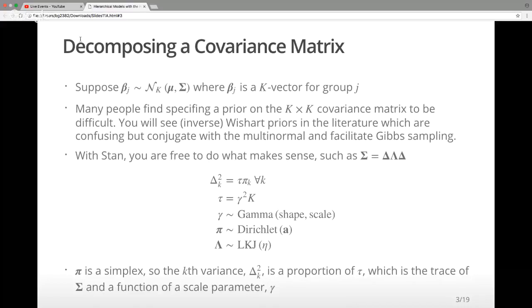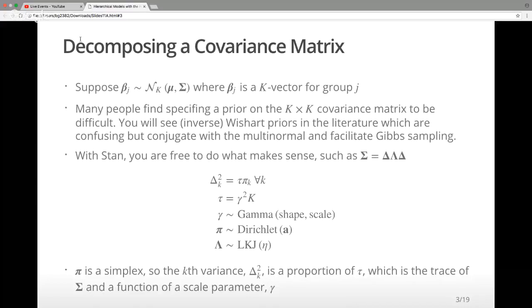And delta sub k squared, which is the kth variance, is equal to tau times pi k. And so what are our prior beliefs about pi k? Well, the entire collection of the elements in the vector pi is a simplex vector, which is to say they're non-negative and they add up to exactly 1.